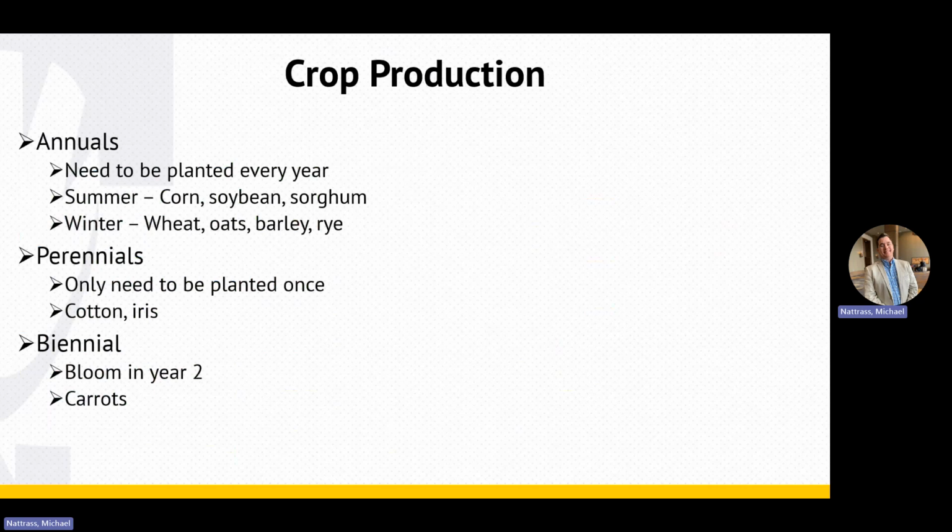These are probably going to be closer to our horticulture crops, in that we can plant those once and they'll continue their growth cycle every year. So something like cotton or maybe iris. And then finally, we have biennials, in that it takes 2 years for that crop to produce a bloom that is going to eventually produce some sort of fruit or something that we can harvest. Carrots are the first thing that I think about when I'm thinking about biennials.